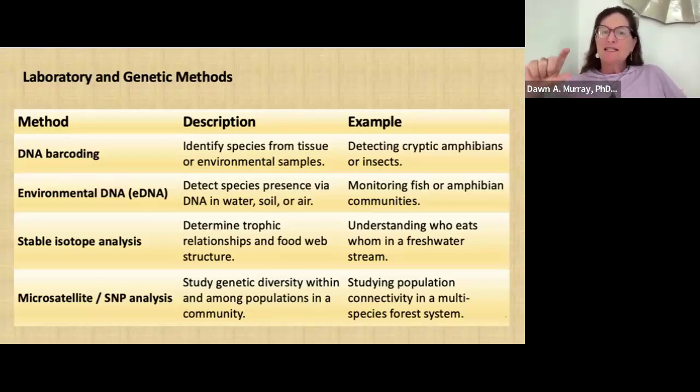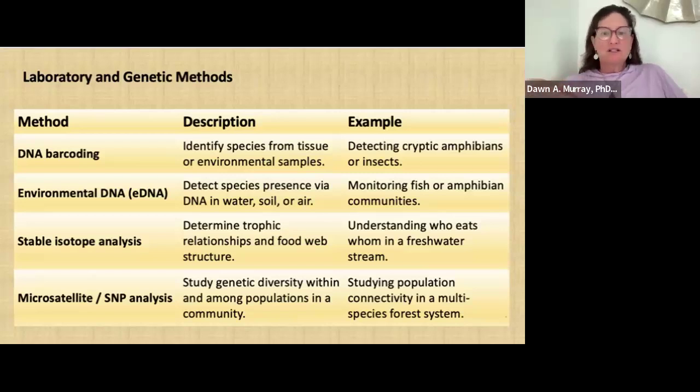That identifies species from tissue or environmental samples. And that helps you detect cryptic amphibians and insects, maybe things that are harder to see. So that's called DNA barcoding. There's another related method, environmental DNA or eDNA, and that can detect species presence in water samples, soil samples, air samples, even.